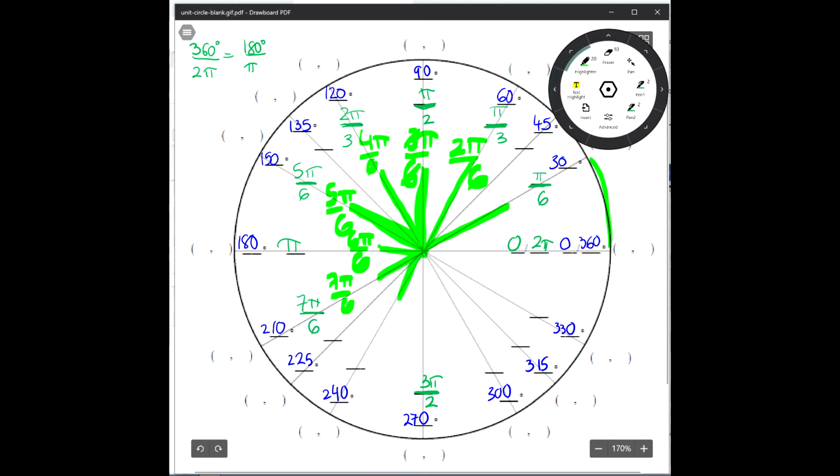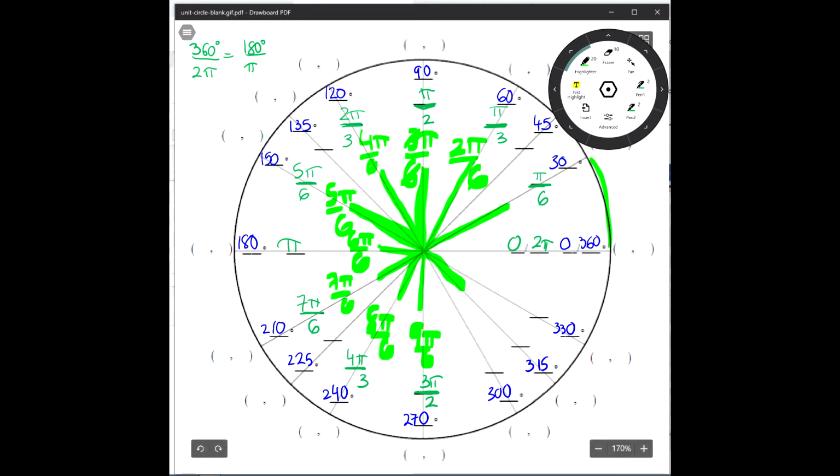Next one, I get 8 pi over 6, and I can reduce both by 2, so I get 4 pi over 3. Next one I have 9 pi over 6. I reduce both by 3, I get 3 pi over 2.